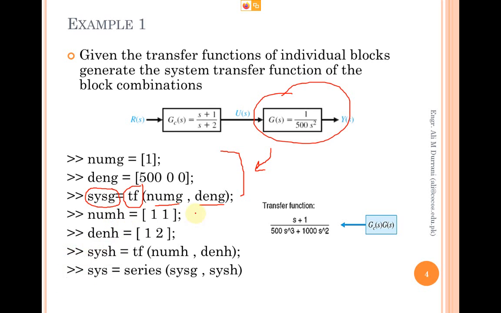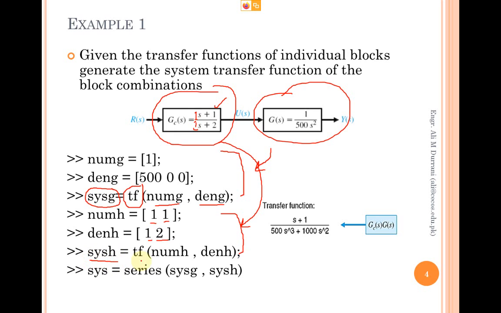Then in the next three lines I have defined the other transfer function, this one, the g of c. First I have defined the numerator, which is actually 1s plus 1, then the denominator, which is actually 1s plus 2, so 1s and 2.